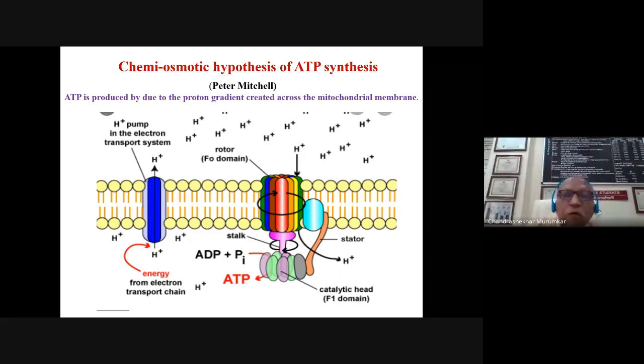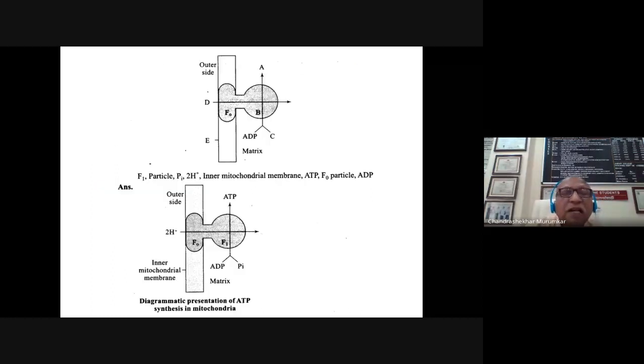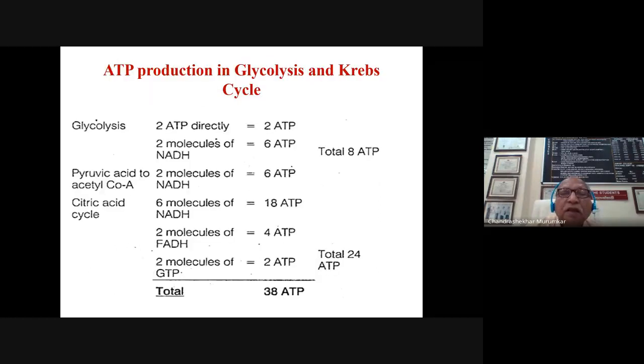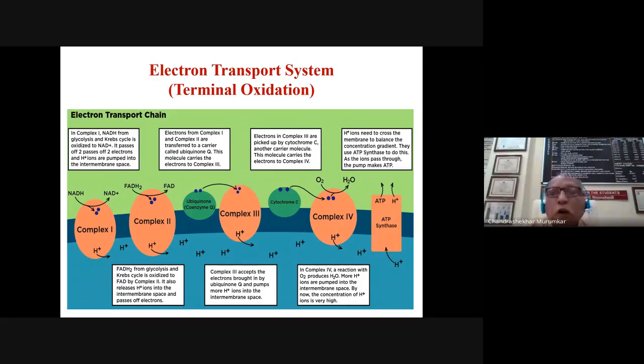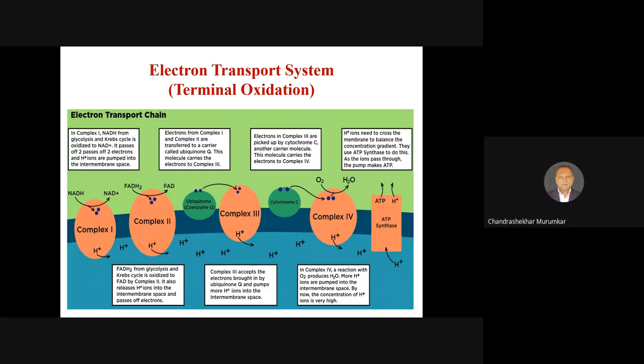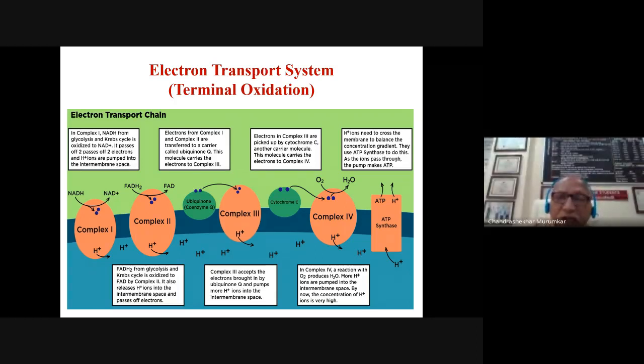For this purpose, I want to take you just one slide back, and you can see complex 4. Now this complex 4 is a terminal oxidase enzyme, known as the cytochrome a and cytochrome a3 complex, which contains iron as well as copper.